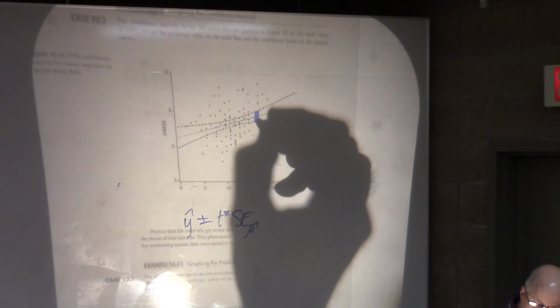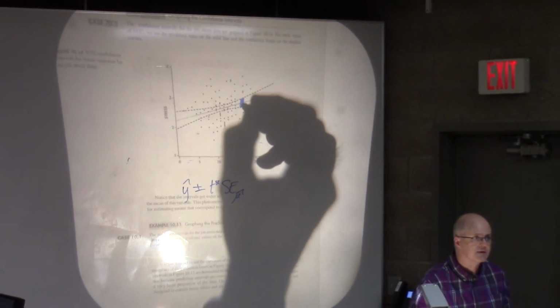A bunch of different confidence intervals to predict the mean of y for different values of x. For x equals 16, for example, the confidence interval goes like that. The lower bound and upper bound of the confidence interval to predict the mean of y for that given value of x is this interval right there in this graph.